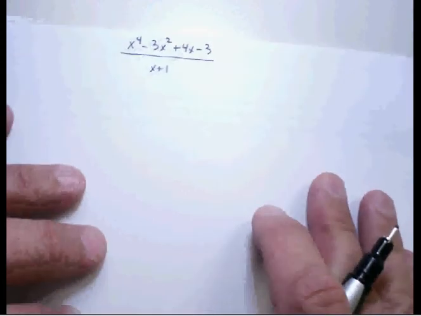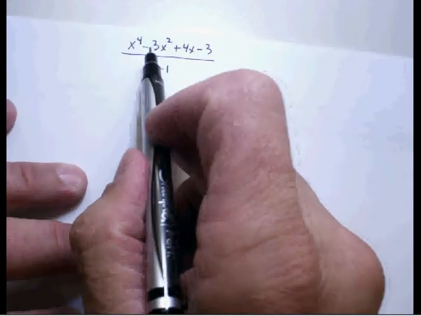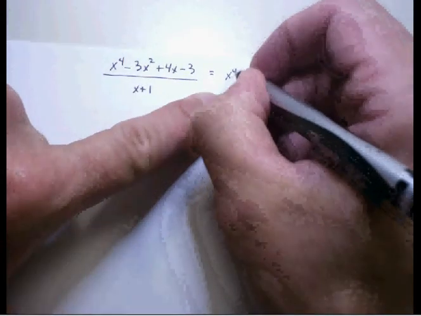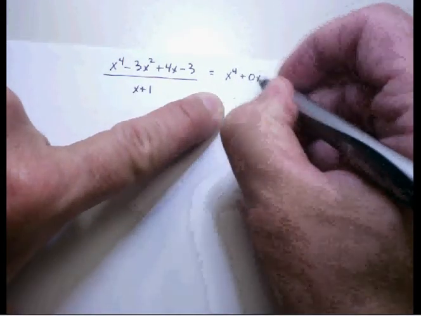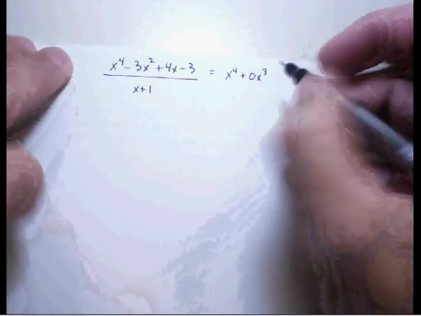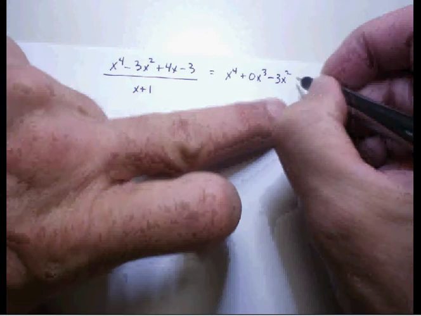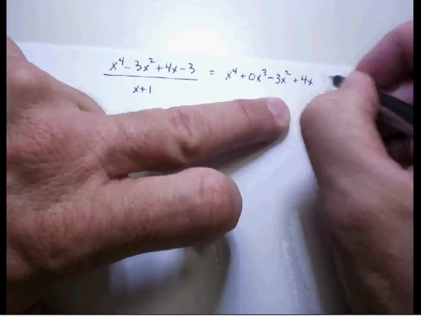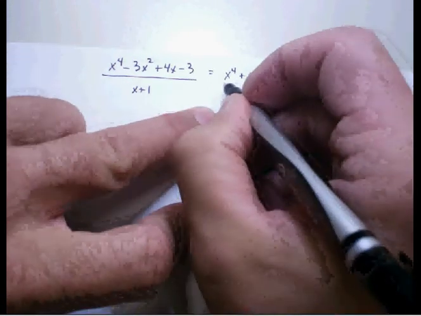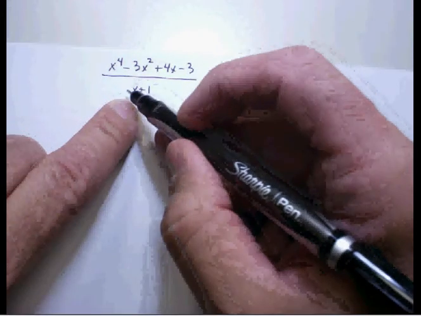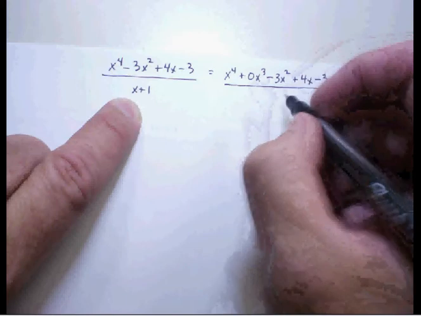So I'm going to rewrite this with the dummy variable. So I've got now x to the 4th plus 0x cubed, there's my dummy, minus 3x squared plus 4x minus 3. I'm noticing that my binomial has a degree of 1, a coefficient of 1, so it fulfills my conditions for synthetic division.